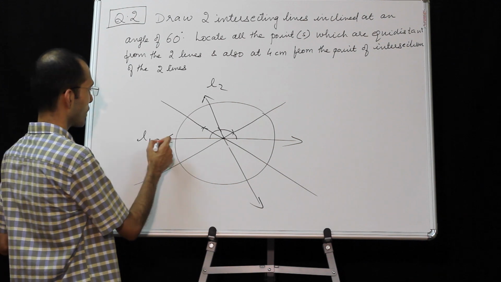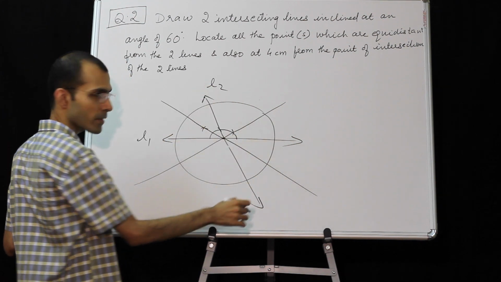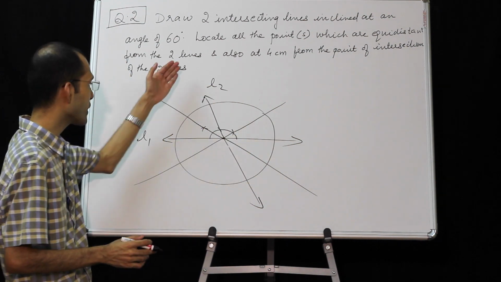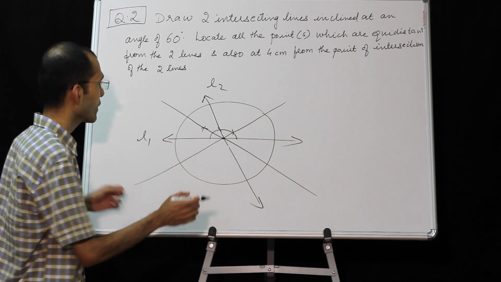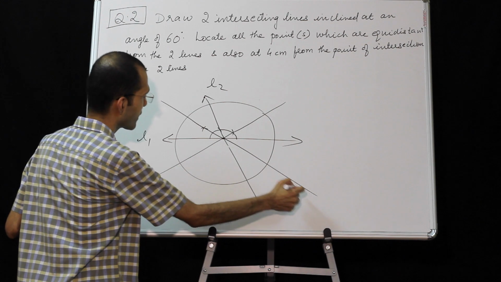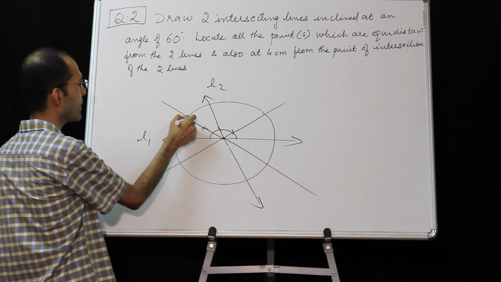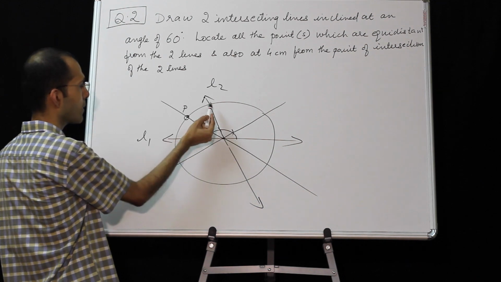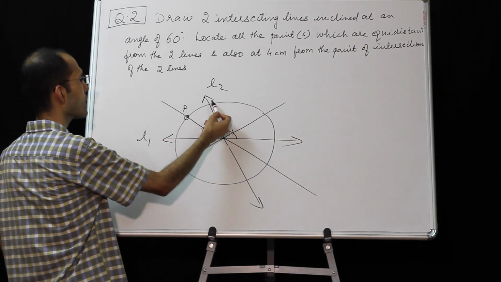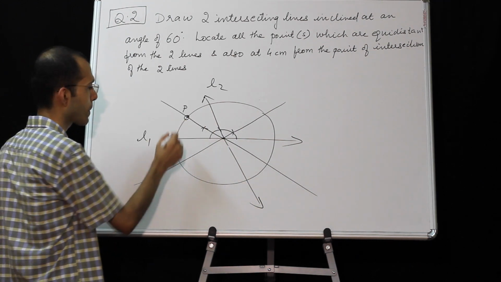Now I have drawn arrows so that you don't get confused between the original lines and the angle bisector. So this was my first angle bisector. So this will be the point, say P. It is lying on the angle bisector. Also it is lying on the circumference of the circle.